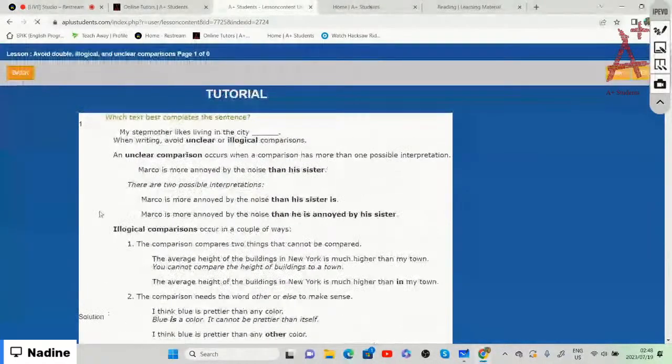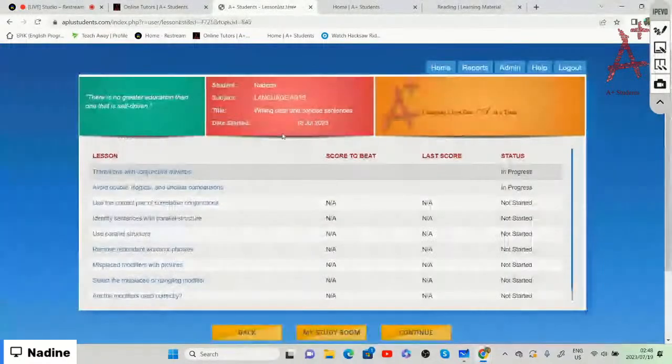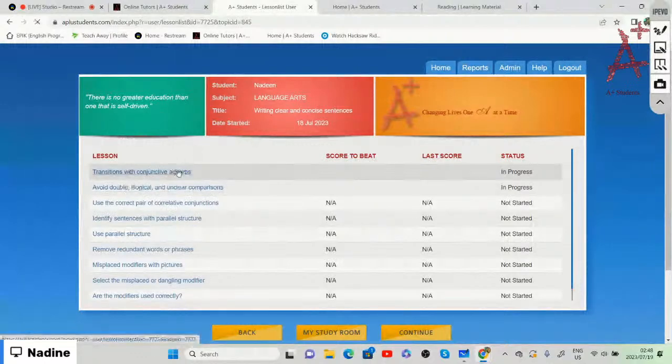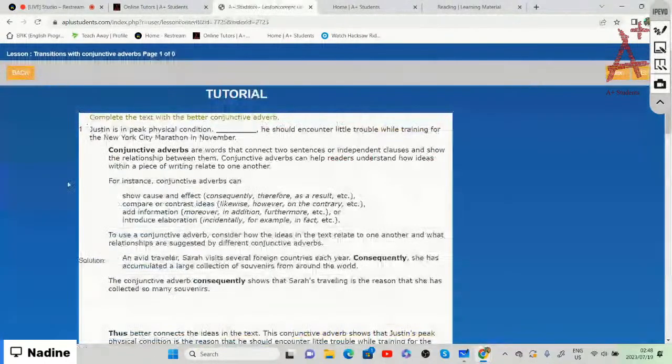All right, so that is basically writing clear and concise sentences, and we went over transitions with conjunctive adverbs, right? Conjunctive adverbs we can add to show cause and effect, to compare or contrast ideas, to add information when writing, or to show that we are introducing or elaborating.